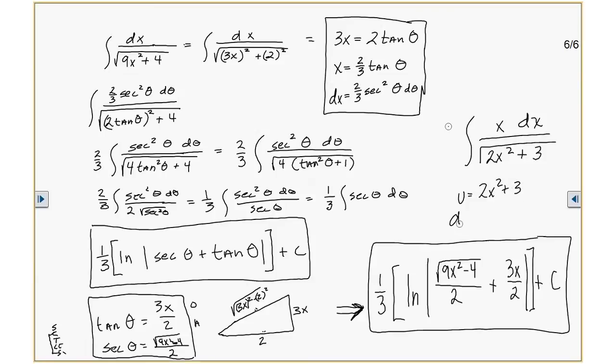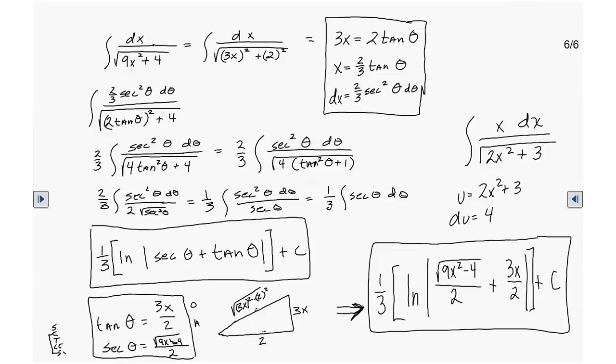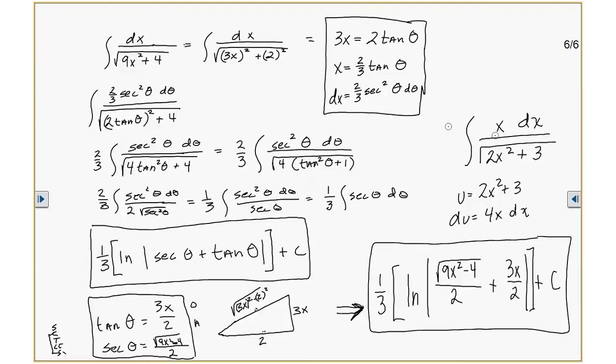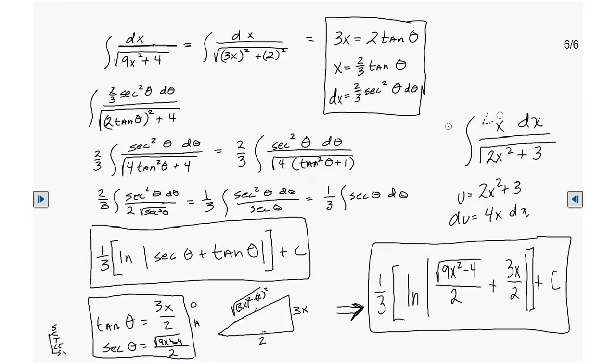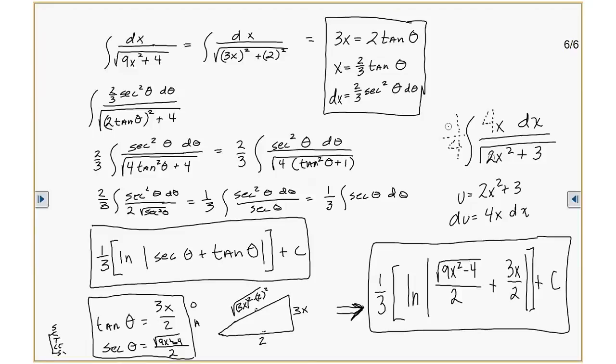So what is du? 4x dx. Now I have the antiderivative of du over u.